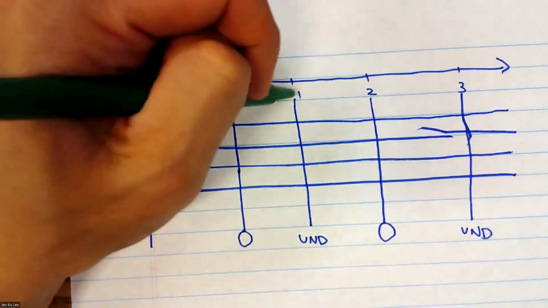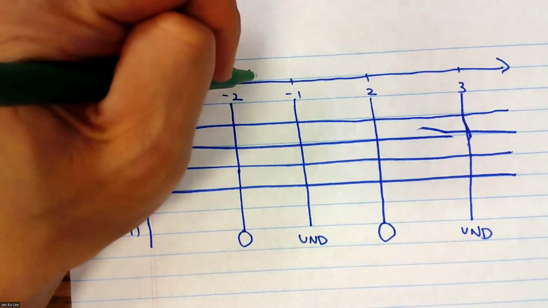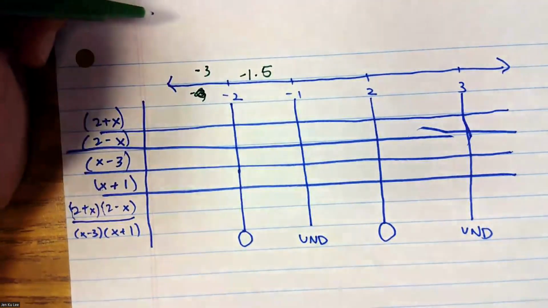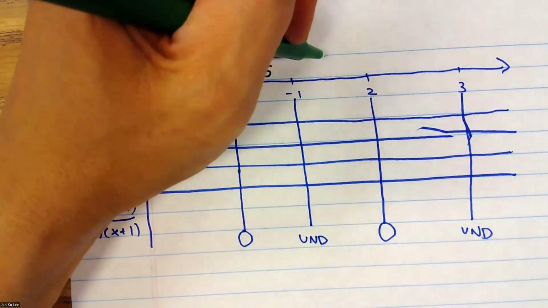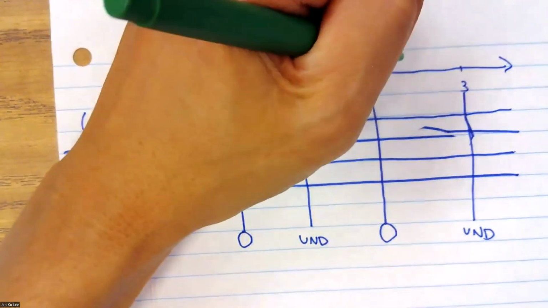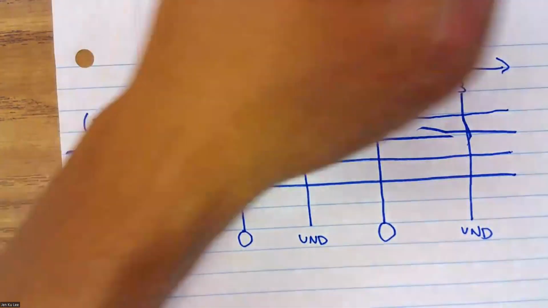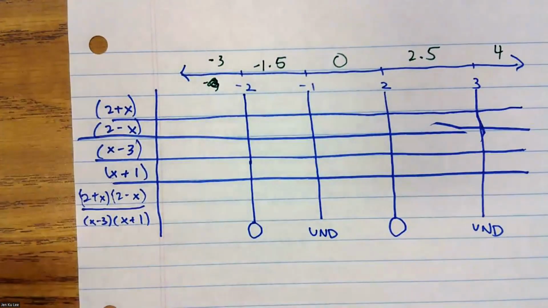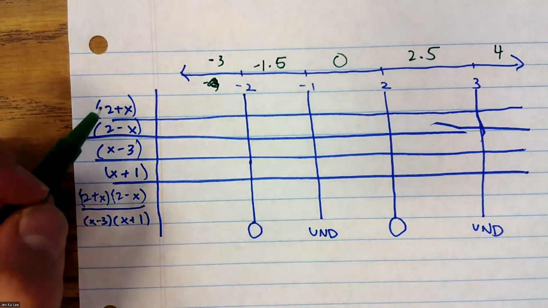A number that represents this whole interval would be like negative 1.5. Let me just put it on top. Representing this interval would be 0. Representing this interval would be 2.5. Representing this interval would be 4. Okay, I just picked a point. Pick a test point. Right?